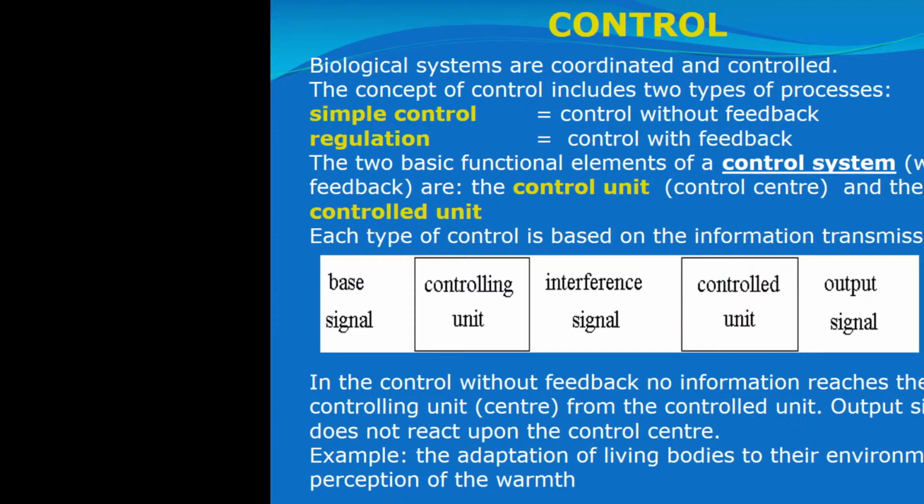Each type of control is based on information transmission. In the control without feedback, no information reaches the controlling unit or center from the controlled unit. The output signal does not react upon the control center. Example: the adaptation of living bodies to their environment, perception of turbulence.